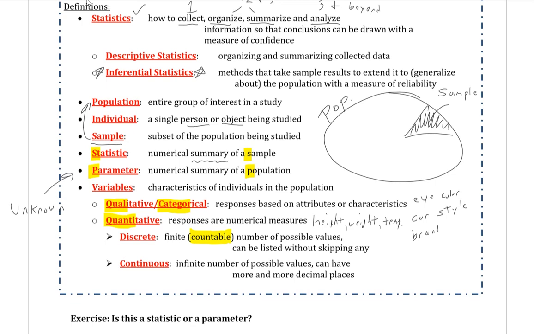Finite is not necessarily the best thing to work with, not realistically. The best thing to work with is that discrete is a countable number of values. And the best way to think about that is look at your hand. If you can count up all of the different possibilities by simply indicating each of them with your fingers, then that means it's a discrete value.